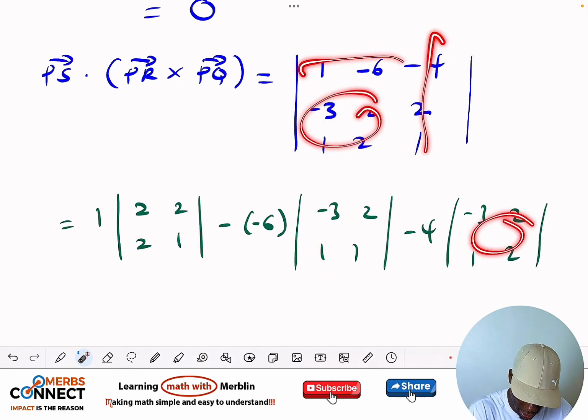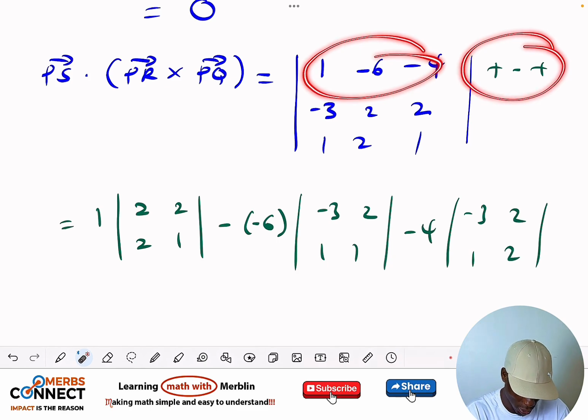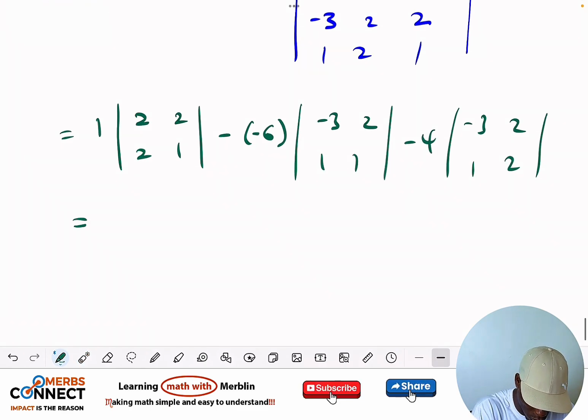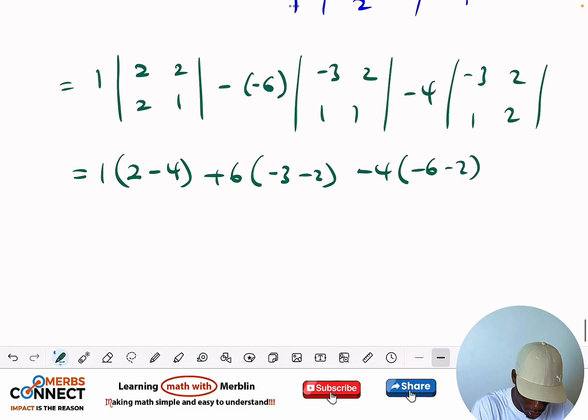You have this one here. Now here is minus because I'm using the cofactor plus minus plus for the top here. So this is going to give us 1 times 2 minus 4 plus 6 minus 3 minus 2 minus 4, and this is minus 6 minus 2. So this is going to give us minus 2 plus 6 times minus 5 minus 4.